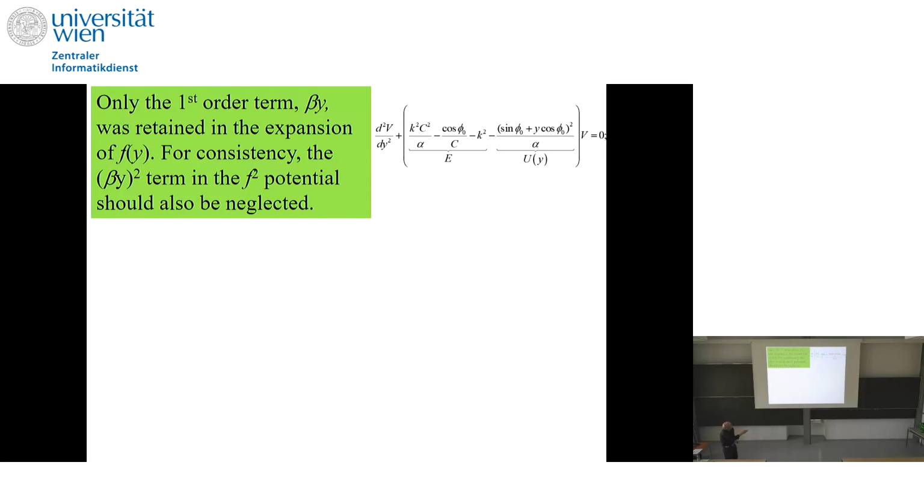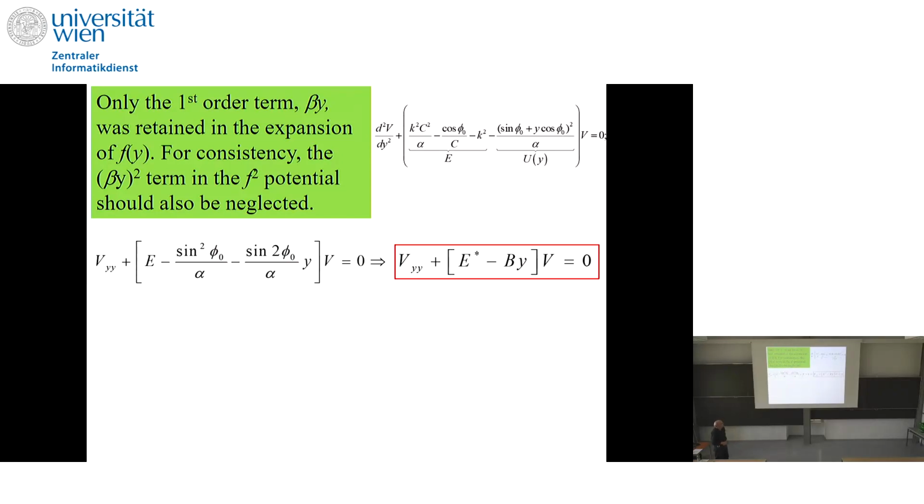So F also has in here Y squared, which we neglected, and this Y squared term in F will also appear in the F squared term. So what we're saying is, look, let's now forget about the Y squared term in the potential, not everything, but just the Y squared. So we retain the Y term.